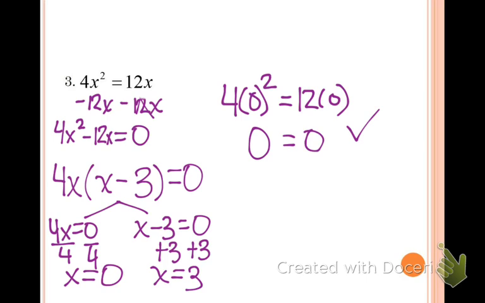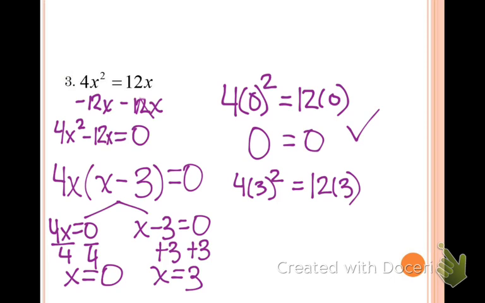Now we have to plug in the 3. Life is not quite that easy. On the left side, what do I do first? The exponent. Apparently we might have a misconception.